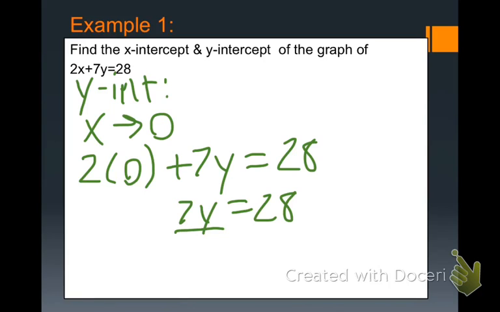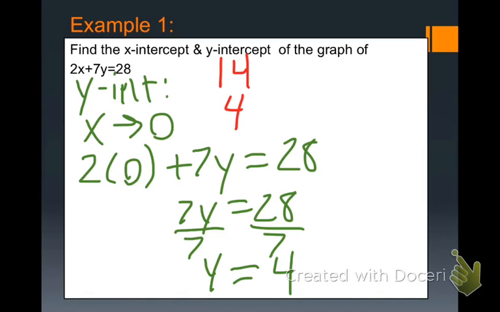Then, to solve for y, divide by 7 on both sides, and y is equal to 28 divided by 7, which is 4. So, we've just found that our x-intercept was 14, and our y-intercept was 4. So, in other words, this equation crosses the x-axis at positive 14 and the y-axis at positive 4.